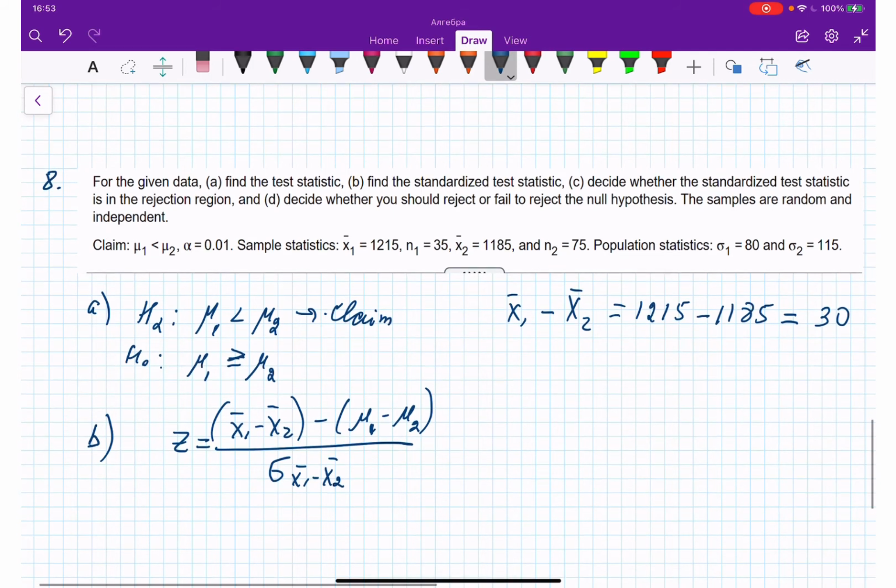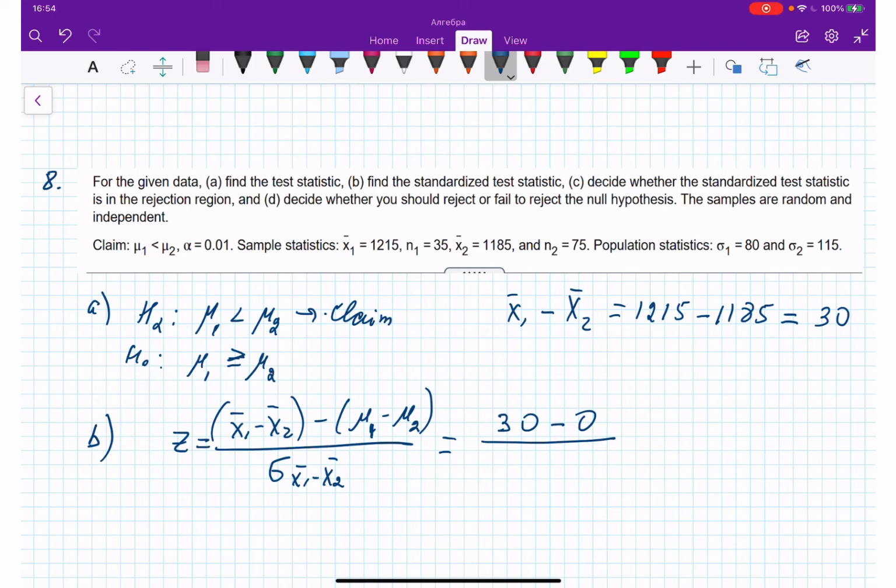We are turning to the Excel template again to find our standard error. x1 bar minus x2 bar we already have, it is 30. mu1 minus mu2 is going to be 0 because null hypothesis assumes that they are equal, right? Now let me go to Excel.